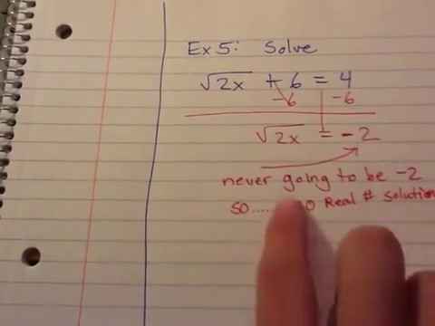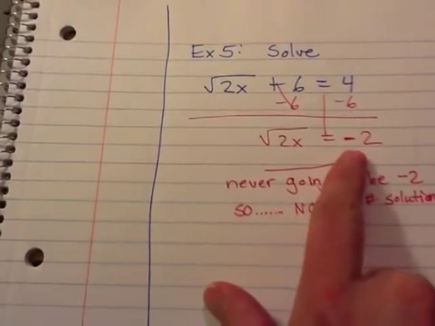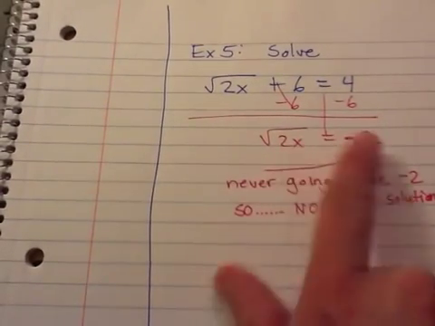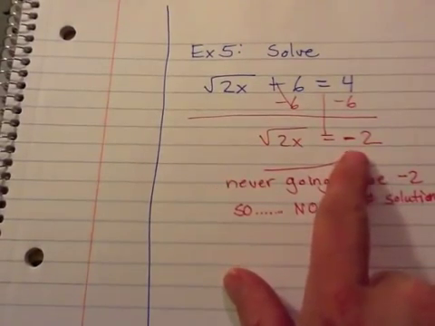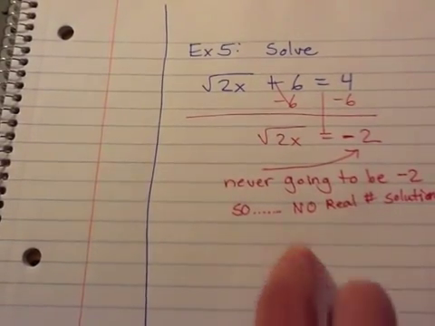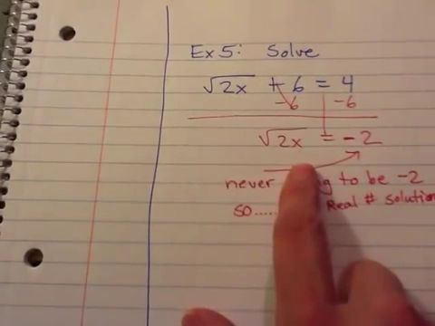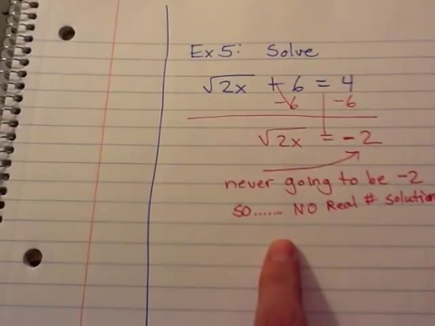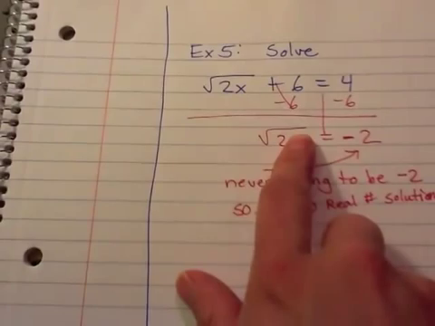And if you wanted to, you could continue this, because someone might have noticed and said, well, wait a minute, if I square both sides, this becomes a positive 4. That's true, and you could actually solve it, and you'll get an answer of 2. But then once you plug it back in and check it, it's not going to work, because in here you can't have that negative.